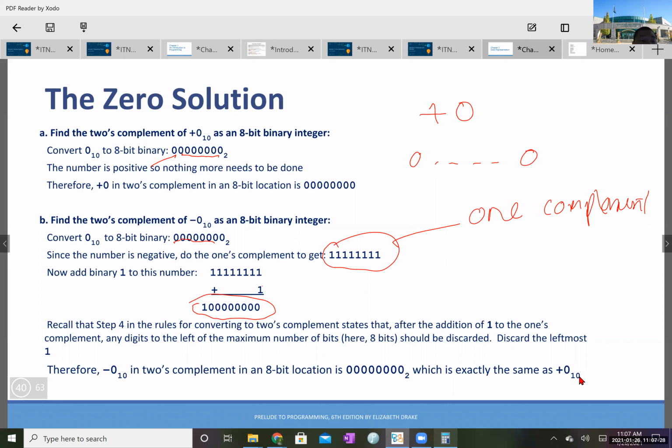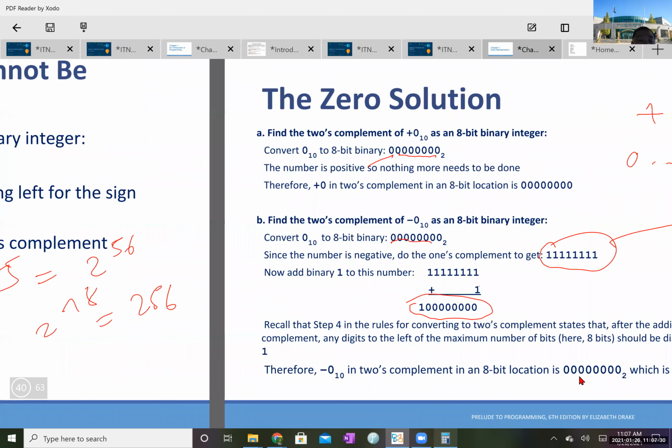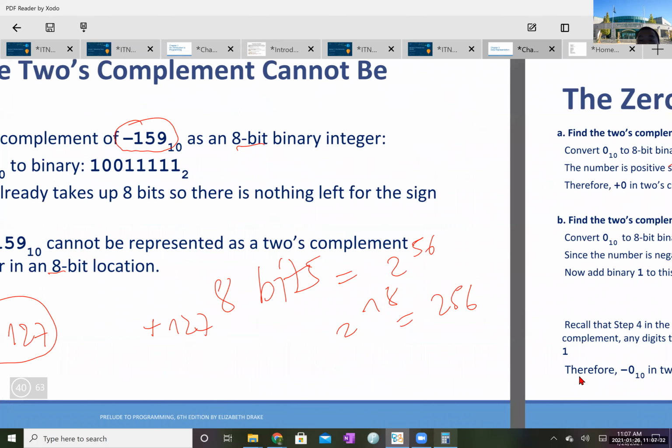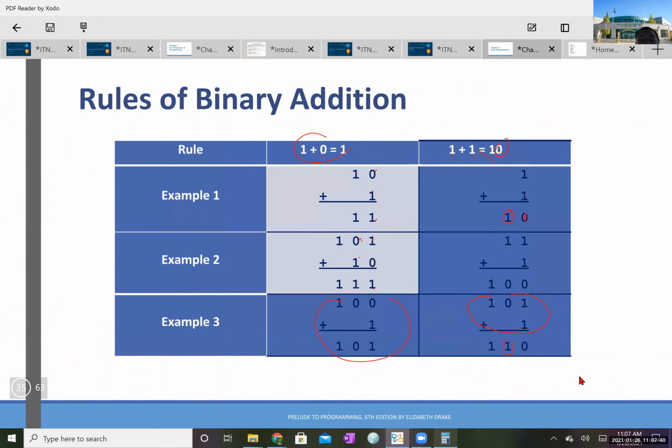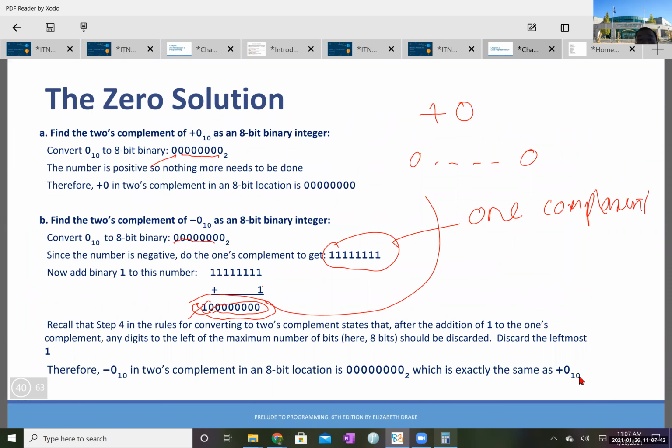In the case of overflow, you just discard the left-most bit. When you discard it, you have the 8-bit number 0, exactly the same as the positive number 0. So when working with two's complement, you are able to overcome the problem of two ways to represent the number 0.